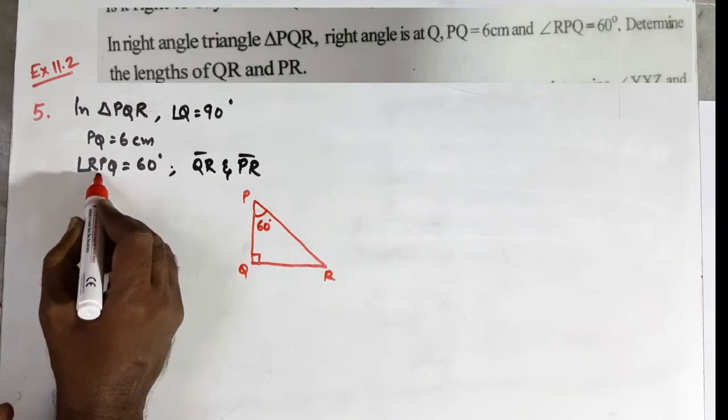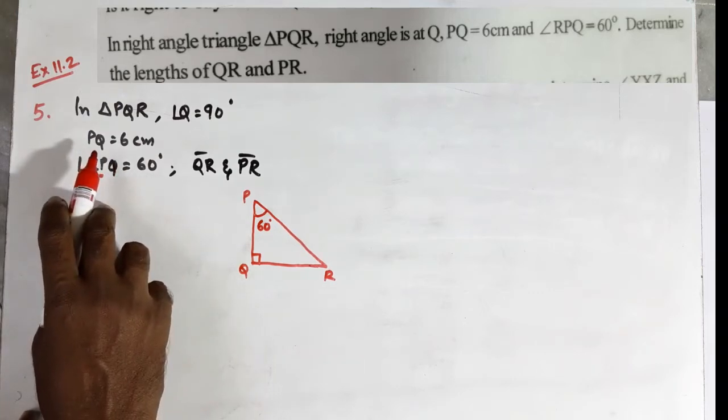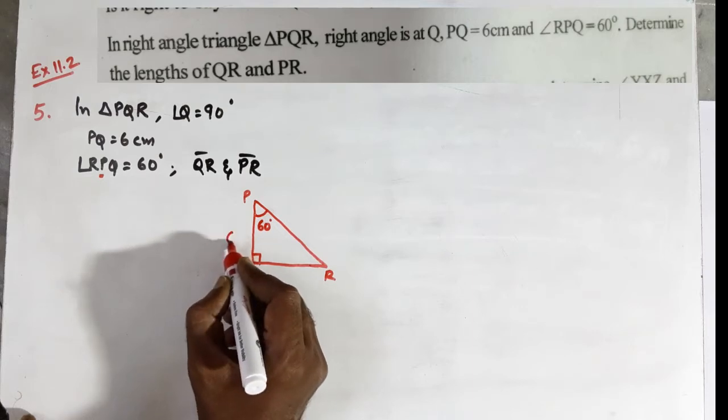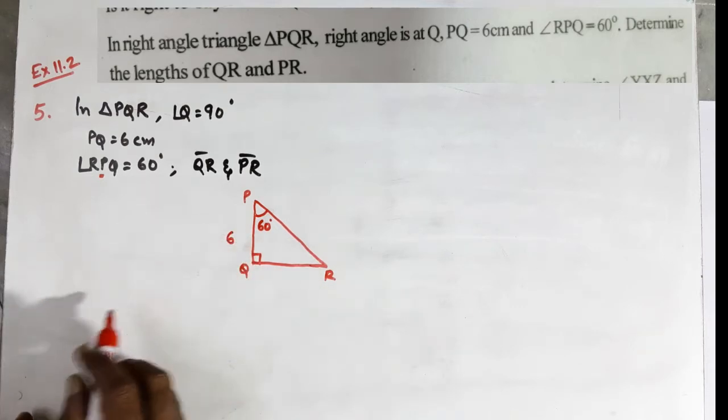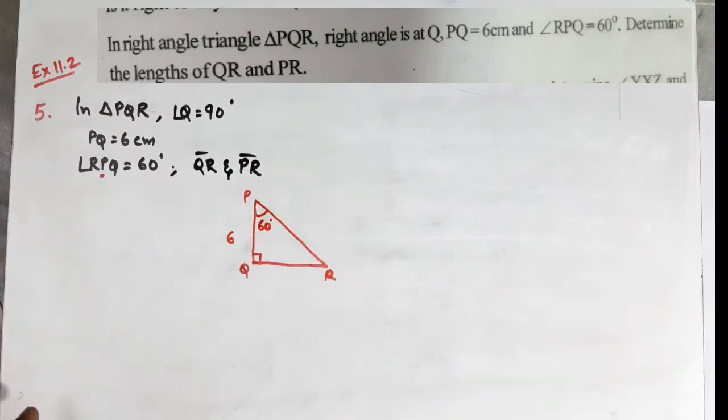RPQ means the angle at P is 60 degrees. The length given is PQ is equal to 6 centimeters. Now we have to find the lengths of QR and PR.